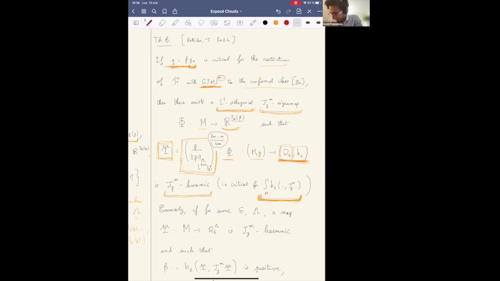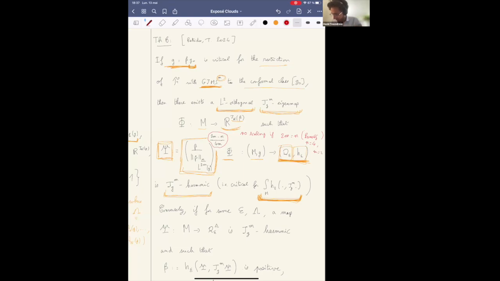If there is no scaling, if 2m is equal to n, this is the case, for instance, for the Paneitz operator, where n is equal to 4, and the principal symbol of the Paneitz operator is the bi-Laplacian, so m is equal to 2.